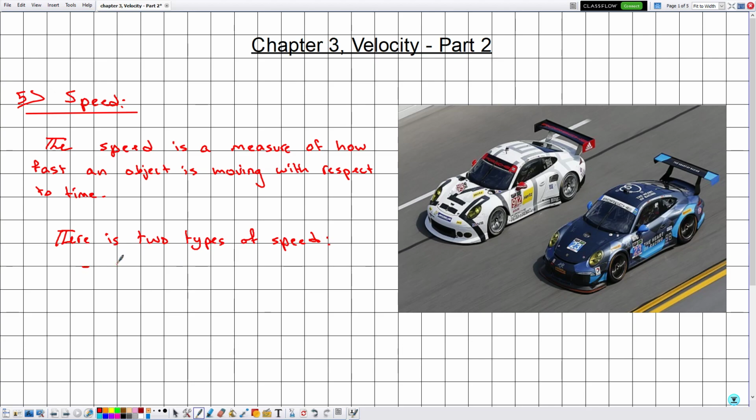The first one is the instantaneous speed, and the other one is the average speed. Then in this section we are going to introduce the instantaneous speed and the average speed. Let me start with the instantaneous speed.